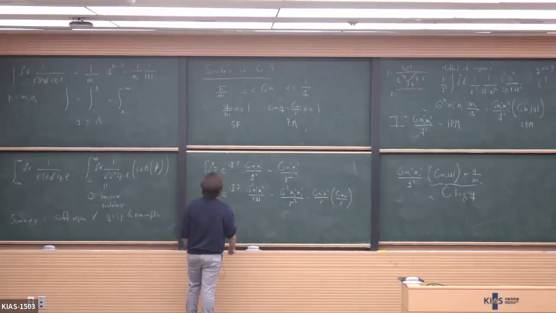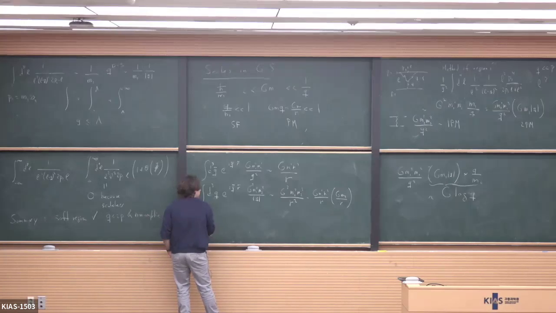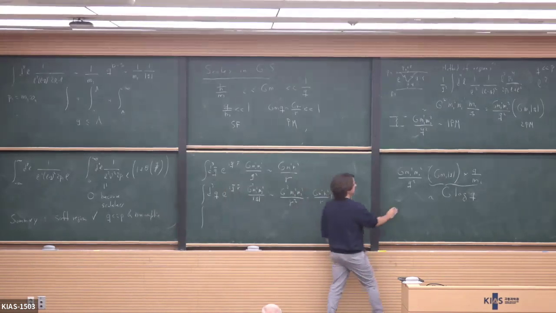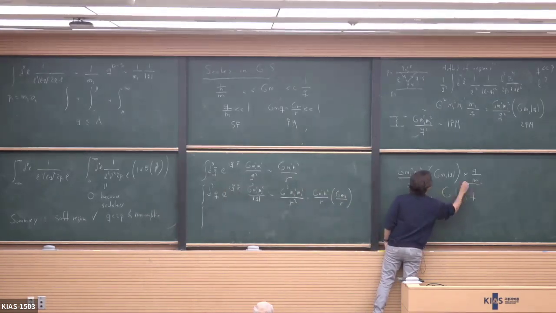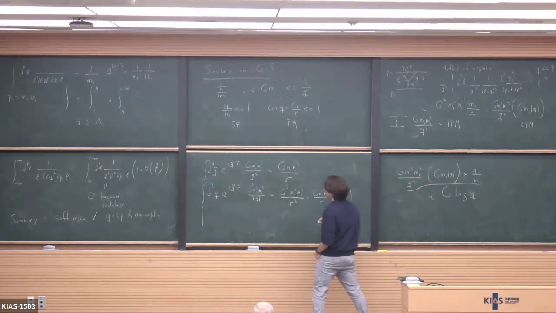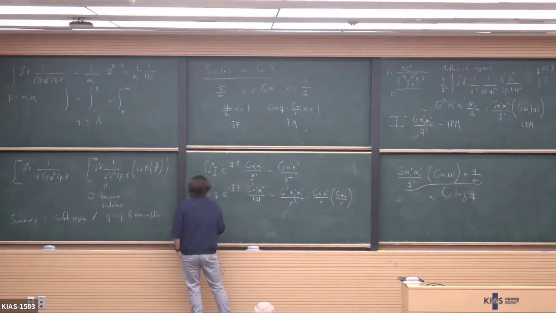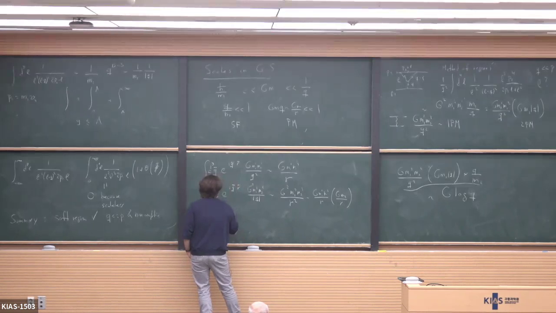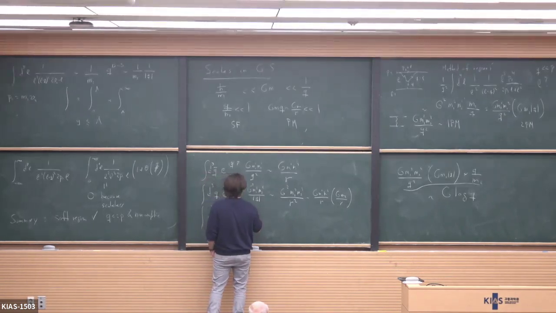But now let's do the log. So now the log will look like, sorry, it's the whole thing that goes like the log, because I need to cancel. Here I have g squared, m1 squared, m2 squared, log of q.